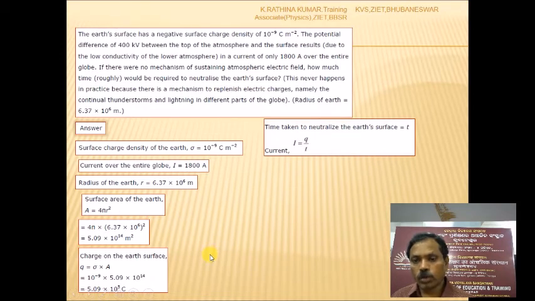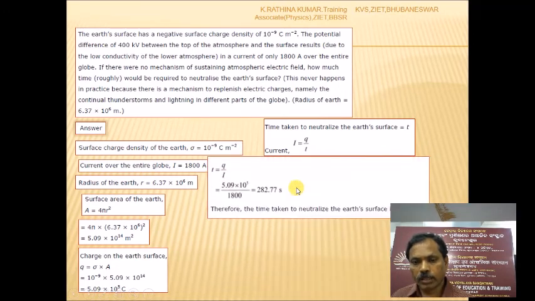Then the time taken to neutralize the Earth's surface: I is equal to Q by t, so t is equal to Q by I. Substituting the values, 5.09 into 10 power 5 divided by 1800, you get 282.77 second. Therefore, the time required to neutralize the Earth's surface is 282.77 second.